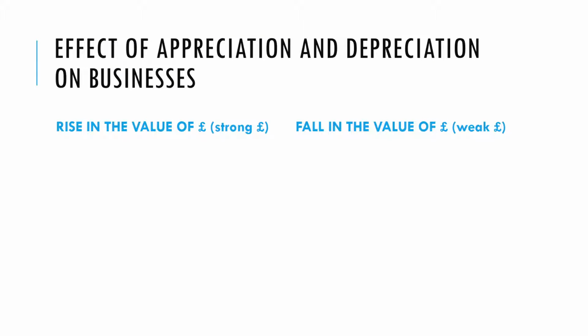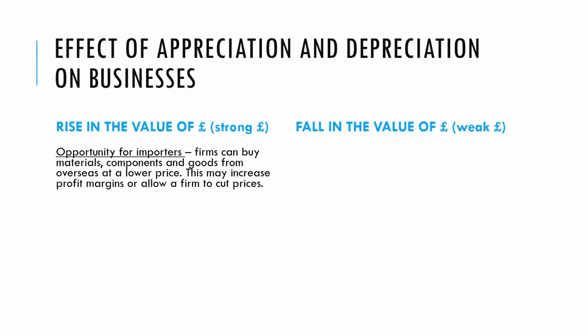So let's have a look at the effects of appreciation and depreciation on businesses, not using examples but some theory. On the left hand side, if the value gets stronger, this is good for importers. If you're a business that imports raw materials or ready-made products from abroad, you can get them at a lower price, maybe increasing your profit margins or perhaps allowing you to cut prices here in the UK.